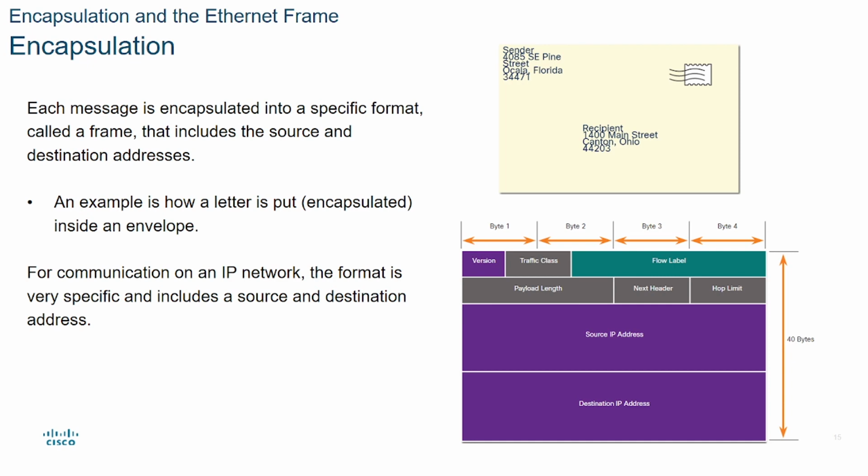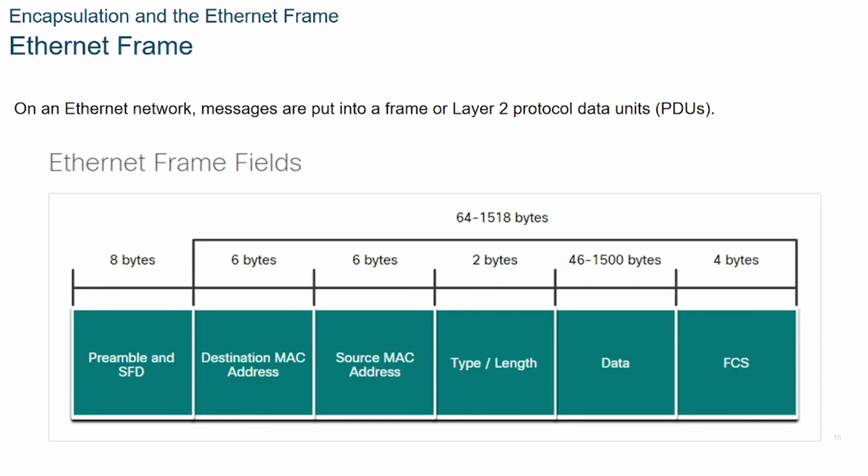And these bytes, or these frames actually, have specific bytes assigned to certain parts of the message. This frame contains the destination IP address, the source IP address, the version, the traffic class, the flow label, next header, and some other information that is only understandable by the receiver on the network.